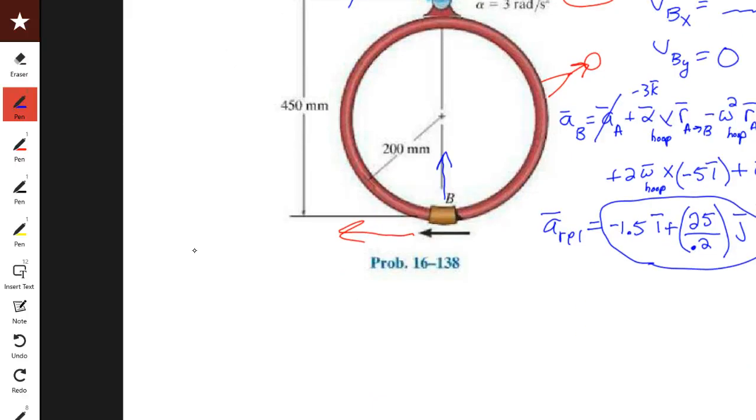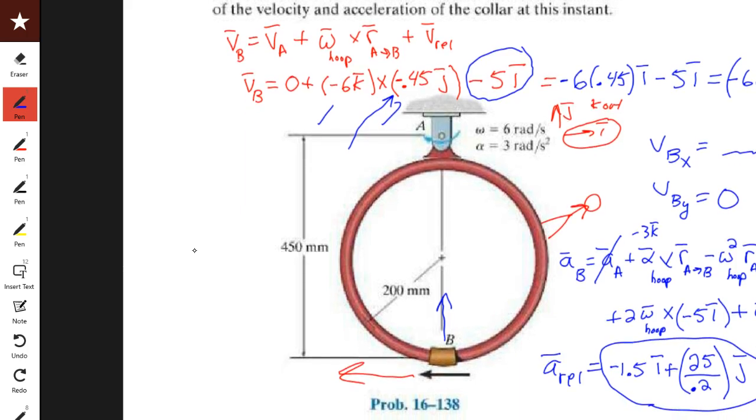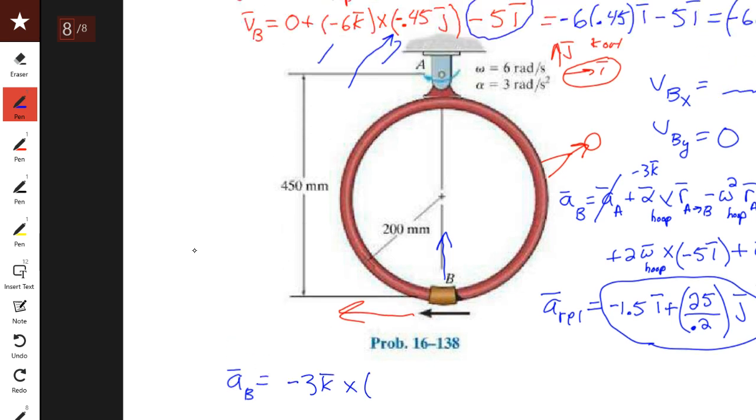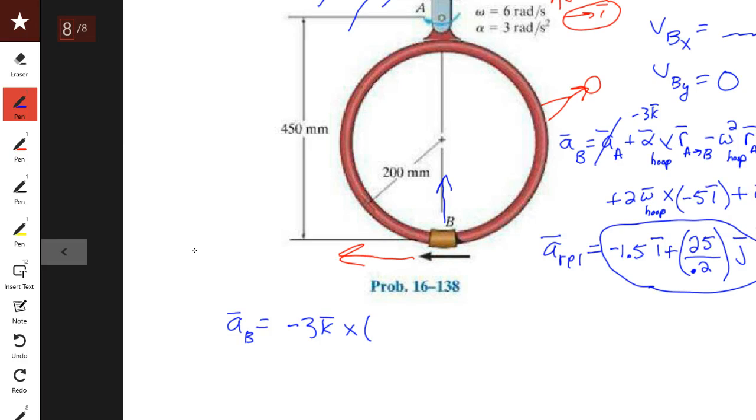We'll go ahead and do that. The acceleration of B equals minus 3k cross, this is from A to B, r is minus 0.45 j, minus 0.45 j, plus minus omega squared.